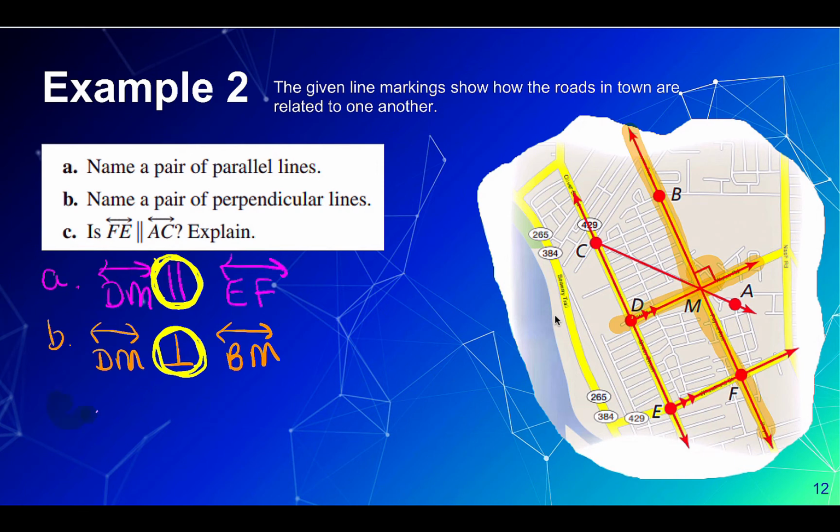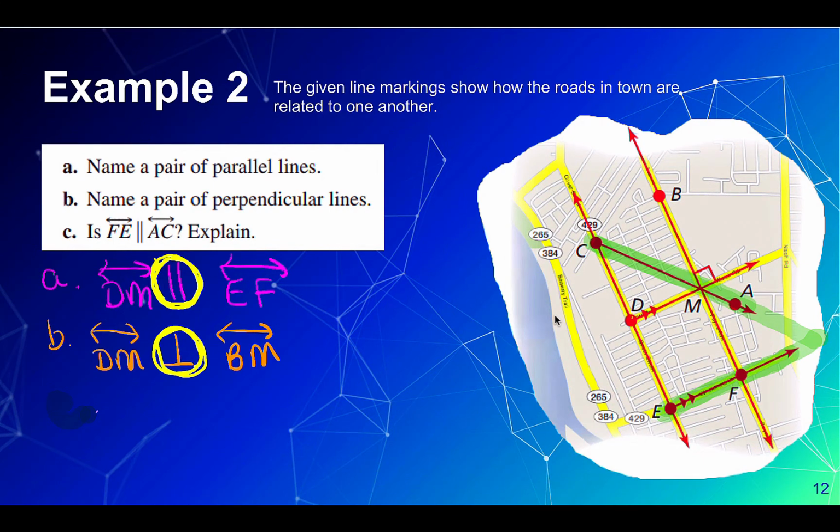Is FE parallel to AC? And the answer is no. Because FE is not parallel to AC. Number one, I could see that if I continued going on and on in that direction, they would eventually touch.